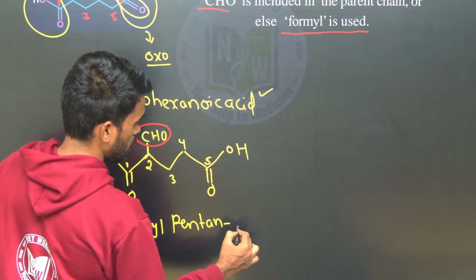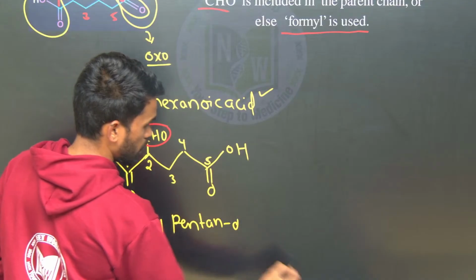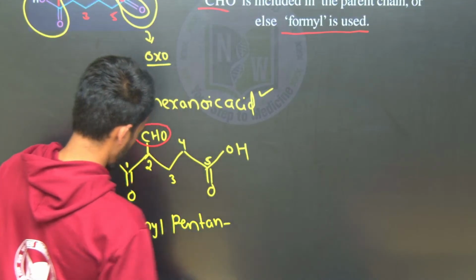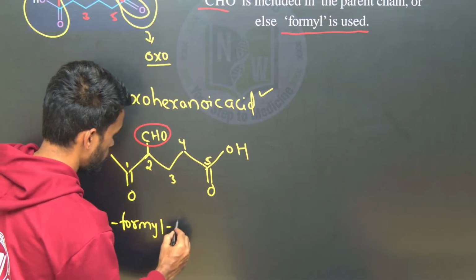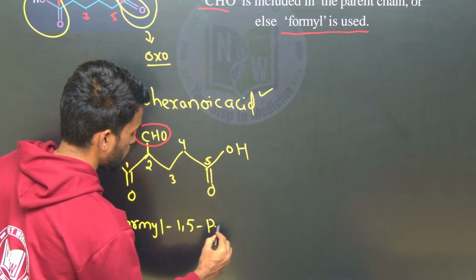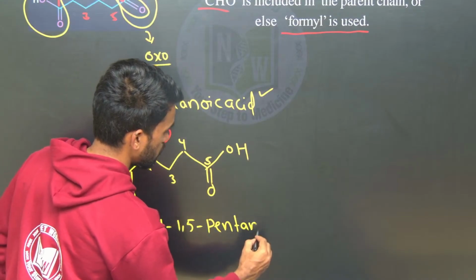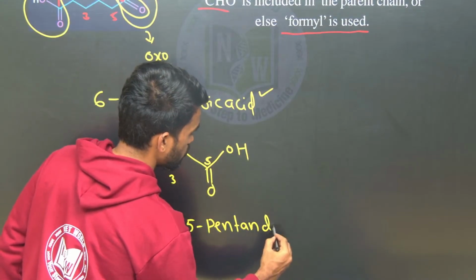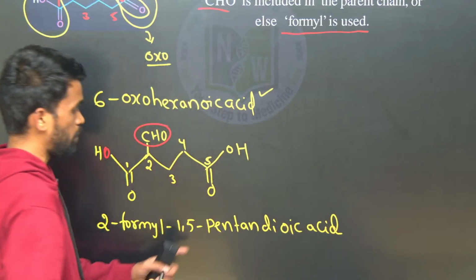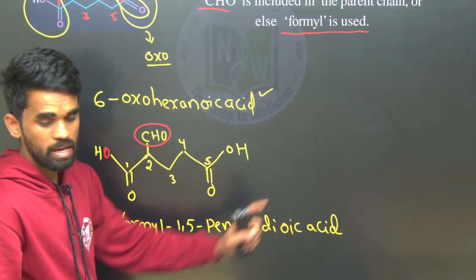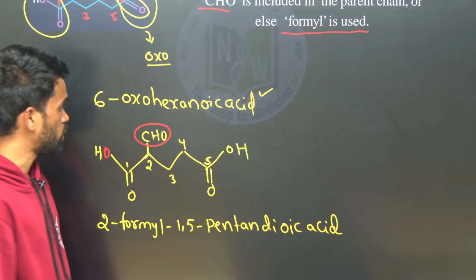Pentane dioic acid. So 2-formyl pentane-1,5-dioic acid. Or you can write pentane 1,5 dioic acid. That is also fine. Okay, is this clear?